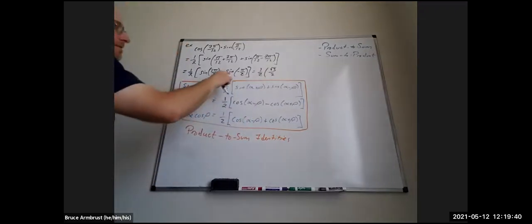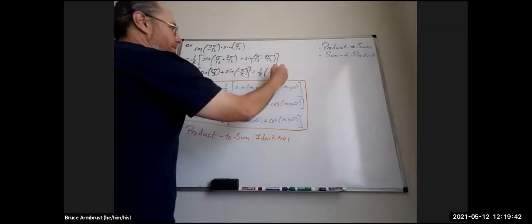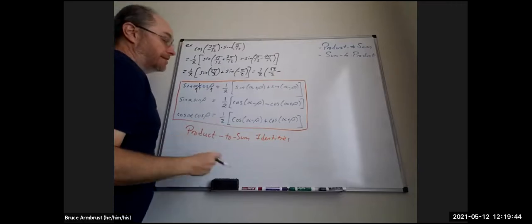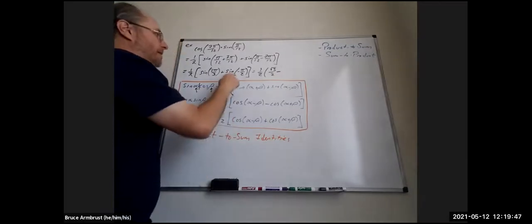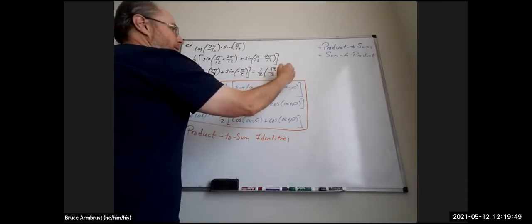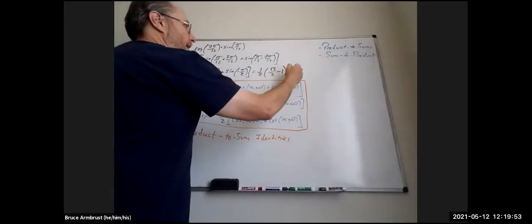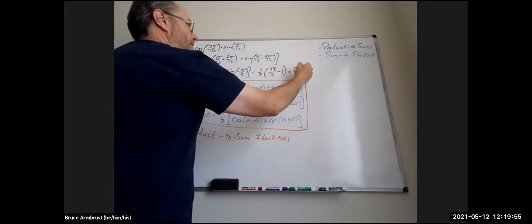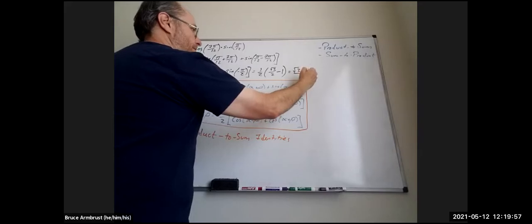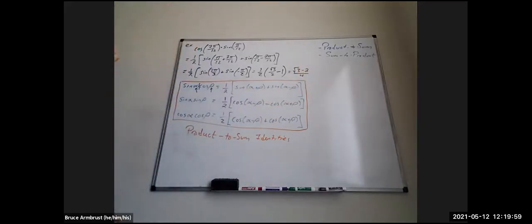And then the sine of negative pi over 2, we can pull the minus sign out front because of the odd property of sine. Sine of pi over 2 is 1. So I'm going to go ahead and get a common denominator here. This is going to be √3 minus 2 all over 4.